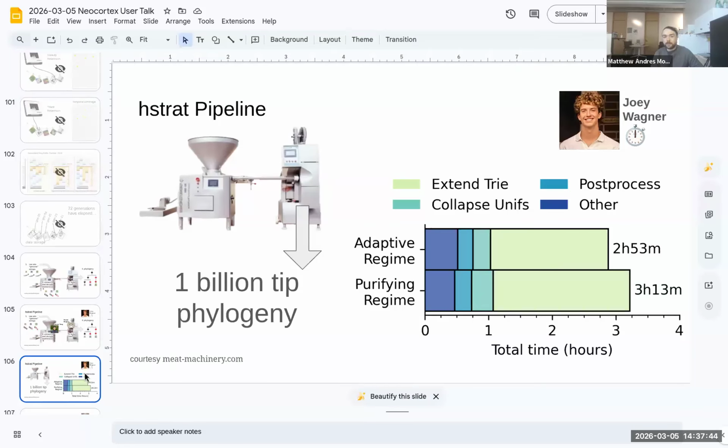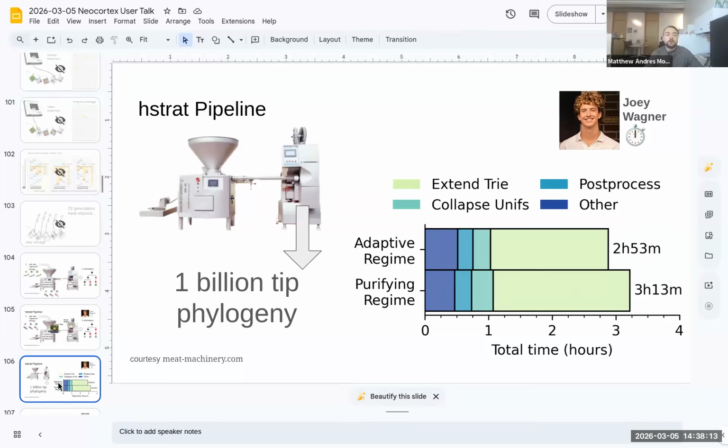And as things stand, currently we can take 1 billion genomes off of the Wafer-Scale Engine simulation, feed it in one end of the pipeline, and have a phylogeny come out the other end in about 3 or 4 hours. And so 1 billion tips is very, very large for what biologists typically work with in terms of phylogeny analyses.